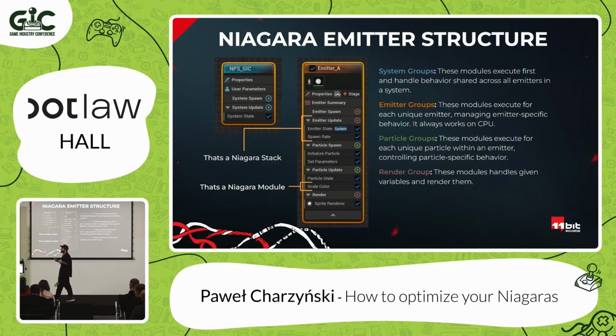We have a sprite renderer, mesh renderer, decal renderer, and a component renderer. I don't really recommend using the last one because it's still an experimental feature. But feel free to explore this stuff. You can spawn multiple blueprints, for example, from an emitter itself.